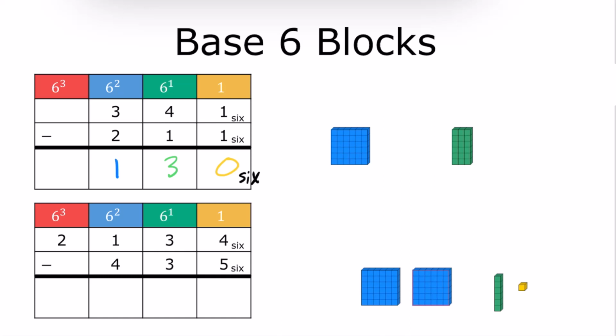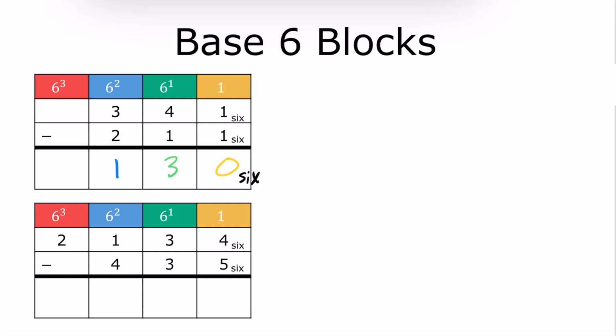Now that one's pretty simple because you didn't have to borrow or exchange any place values. So let's do an example where we do need to borrow. In our next example, we have 2 of our 6 cubed place values, which would basically be 2 of the 216 blocks that are shown here.